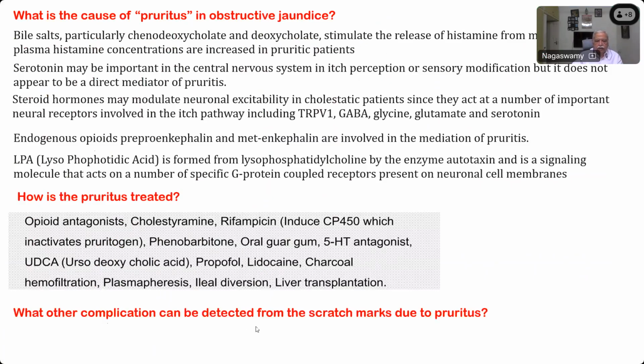What other complication can be detected from the scratch marks due to pruritus? Supposing the patient has severe pruritus, which is usually in the initial stages. In advanced stages it gradually goes down, but in the initial stages the patient may have severe itching. If you find scratch marks, what information about another pathology can you detect?